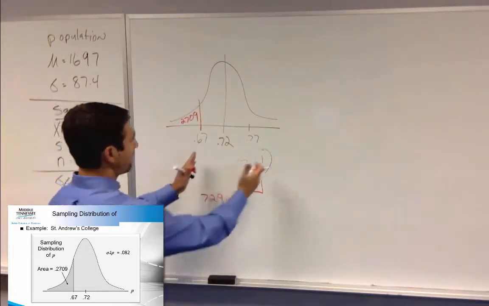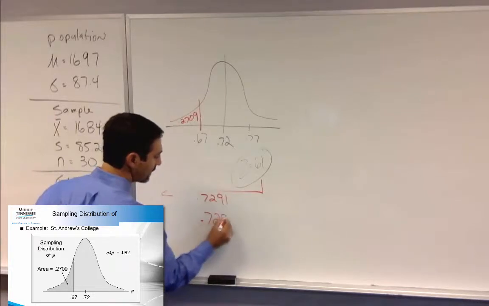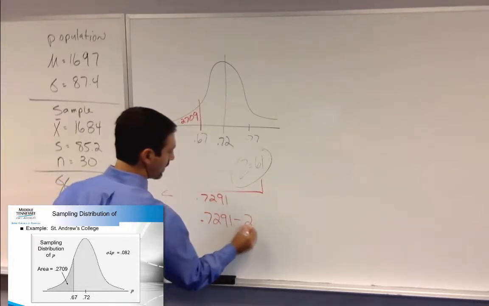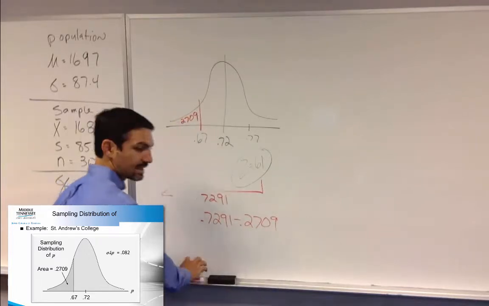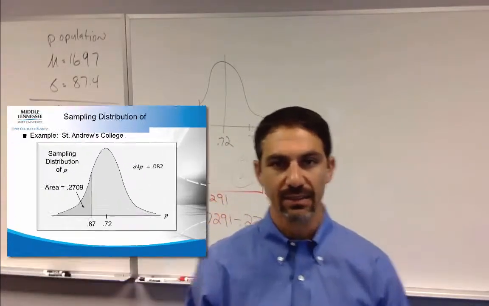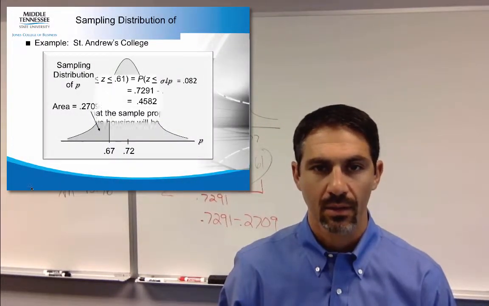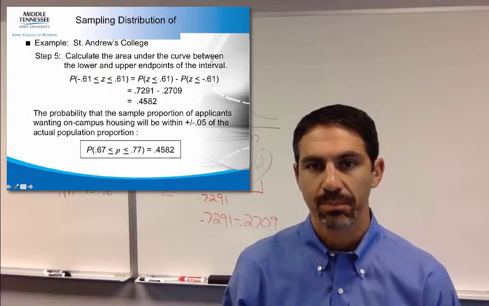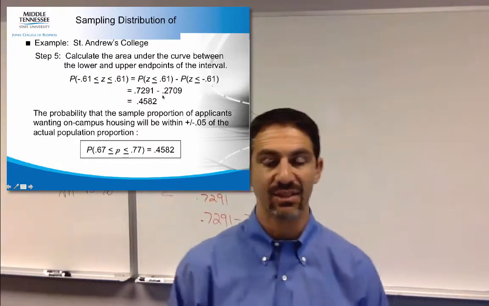Which means to find this area, I'm going to take 0.7291 minus 0.2709. And on the next slide, it'll tell us what that answer is. There we go. So 0.7291 minus 0.2709 gets us 45.82%.